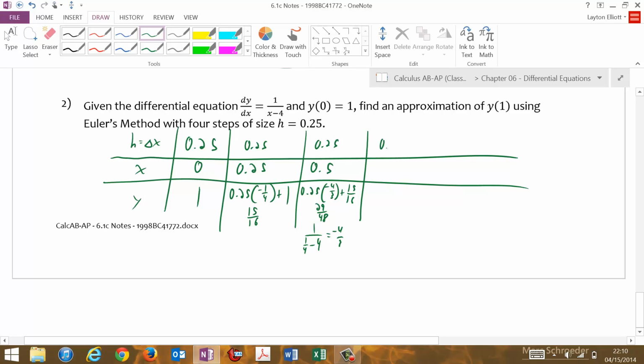Two more steps left. We got 0.75. I'm going to do 0.25 times. Okay, we need to plug the new slope in. So this is 1 over 1/2 minus 4. 1/2 minus 4 is 3.5, or 7/2, so that's negative 7/2.